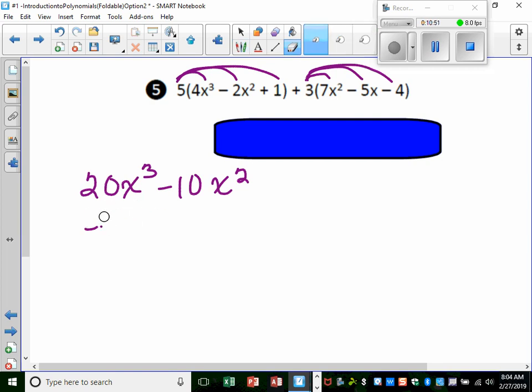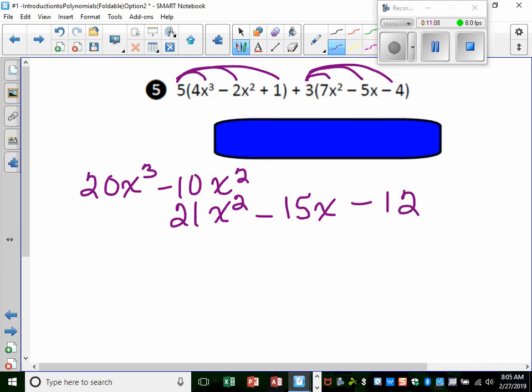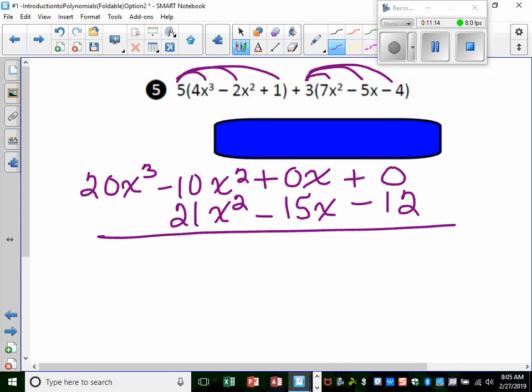I need to move this x squared under the other x squared. So this will be 21x squared. And then I'm going to have minus 15x. And then I'm going to have minus 12. So really everything at the top, you can just fill in with zeros if you want, or you can leave it blank. Okay, it doesn't matter.